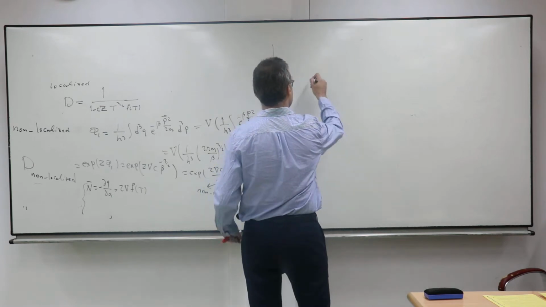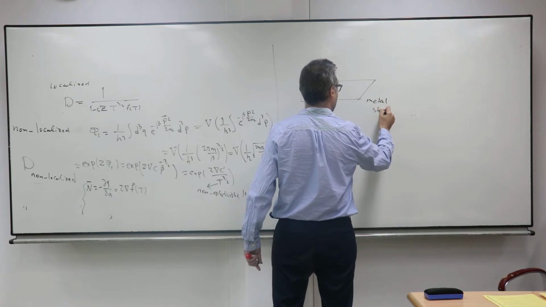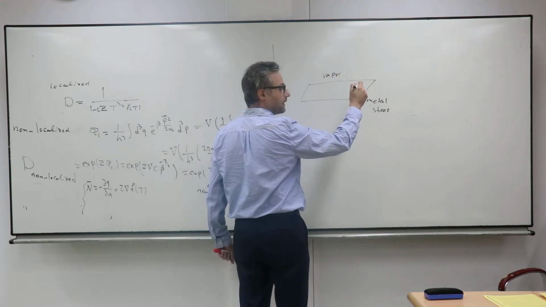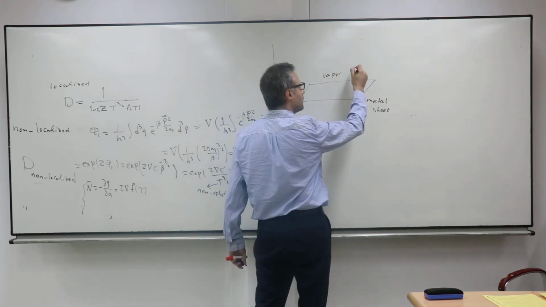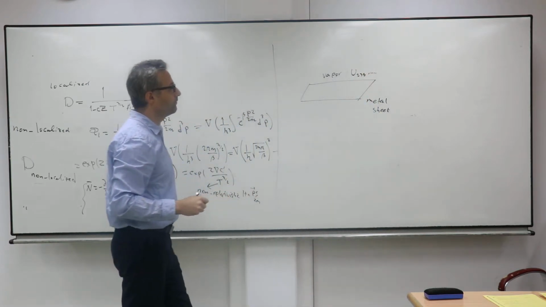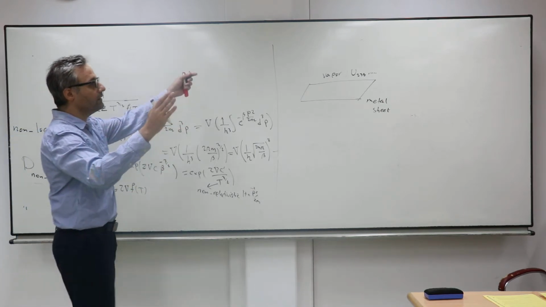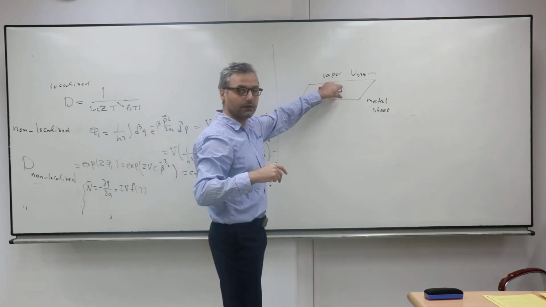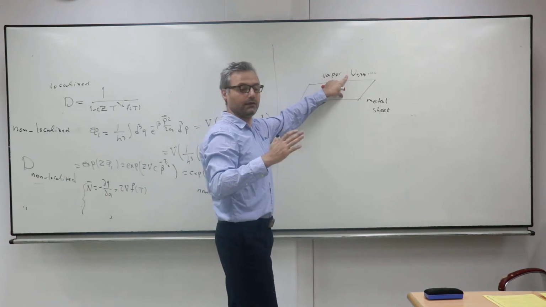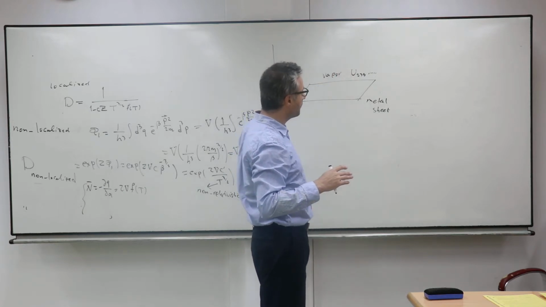You have a metal sheet, and here you have the vapor of some kind of gas, like uranium, for example. Uranium, or any other gas. So you set this metal surface, and in your system, for example, you have a part of the metal in contact with a gas with heavy elements like uranium. I write uranium because it's very heavy. You can write any other thing.